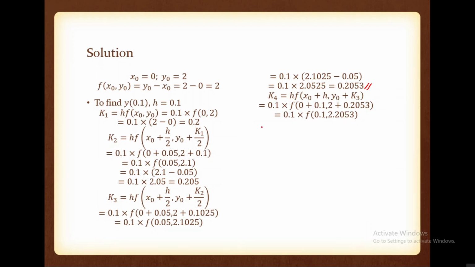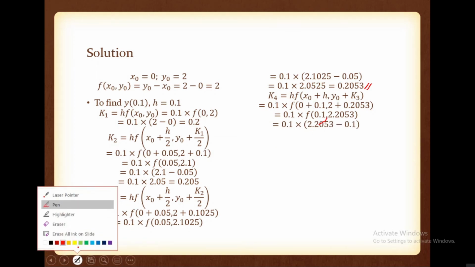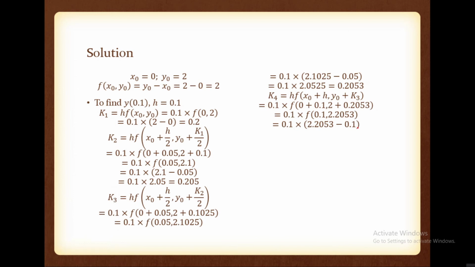So that is equal to 0.1 into f of 0.1 comma 2.2053. So this is y minus x. So we have 0.1 into 2.2053 minus 0.1. So that is equal to 0.1 into 2.1053 equal to 0.2105 after rounding. So this is k4.